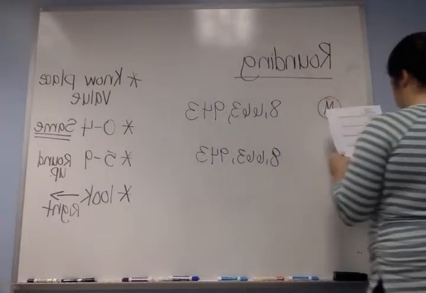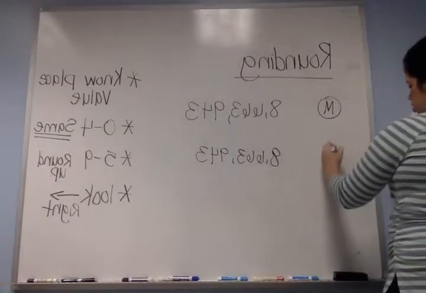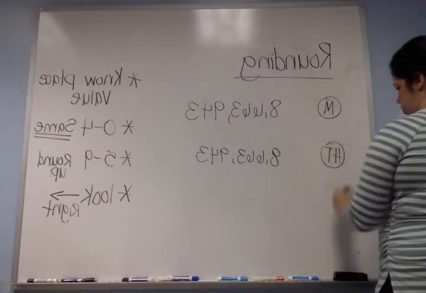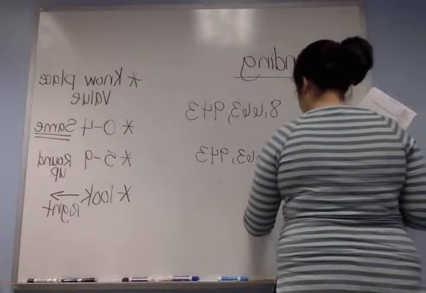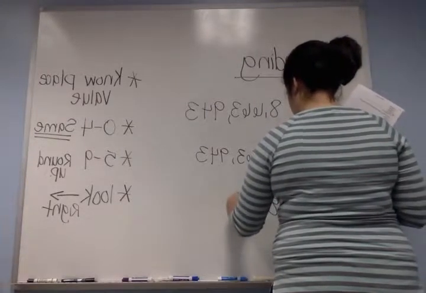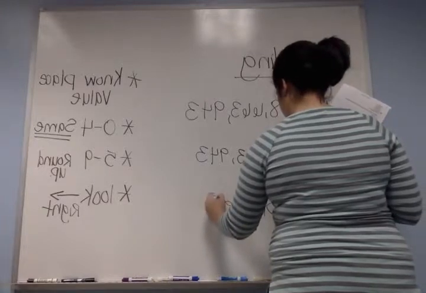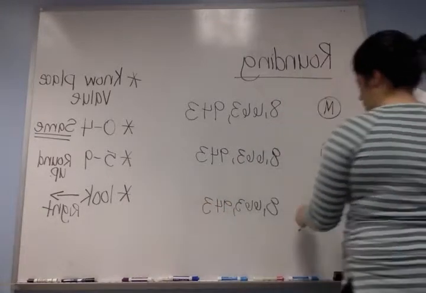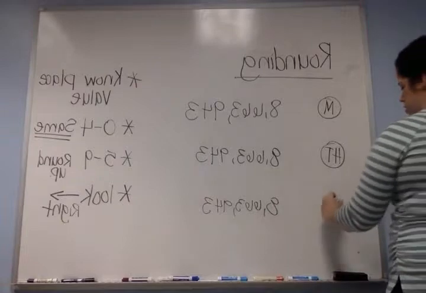We're going to round the second one to the nearest 100,000s. We're going to round the third one to the nearest thousands.